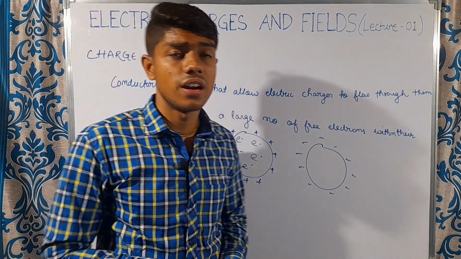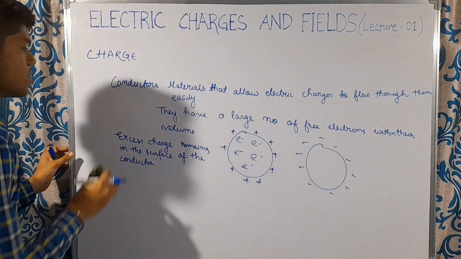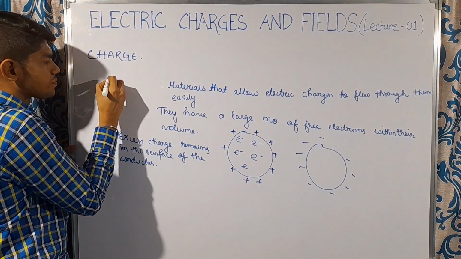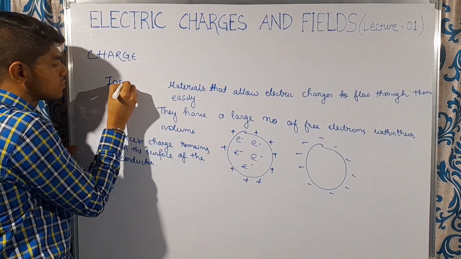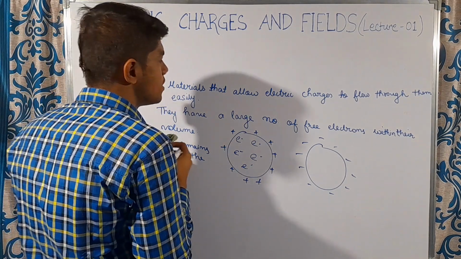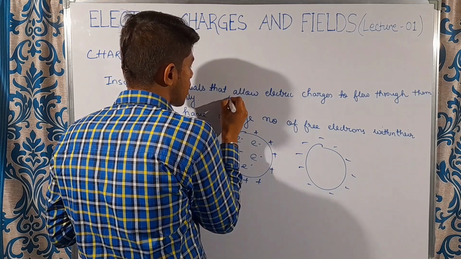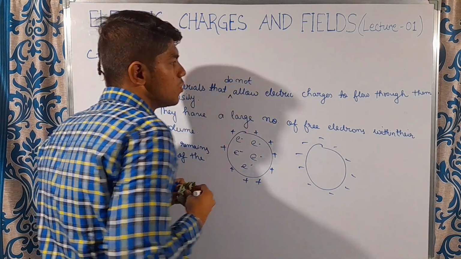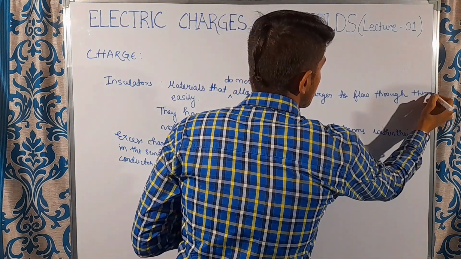That's all about conductors, and insulators are just the opposite of conductors. Insulators are materials that do not allow electric charges to flow through them.